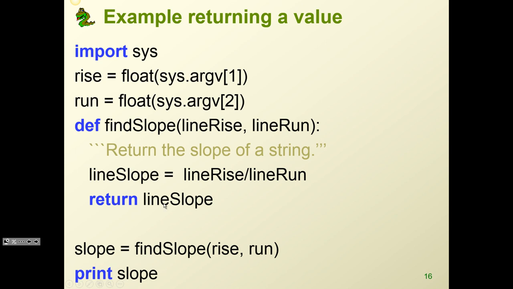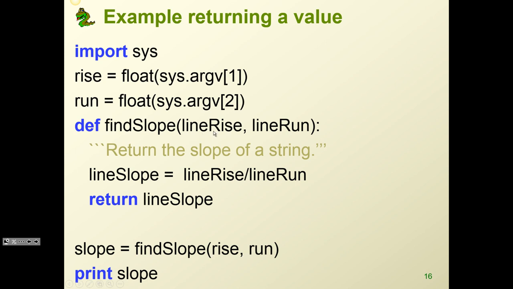So this guy returns a value. What I want to say about this script right here is that it has script arguments, right? It's taking in a rise and a run from the user, and the function has arguments.